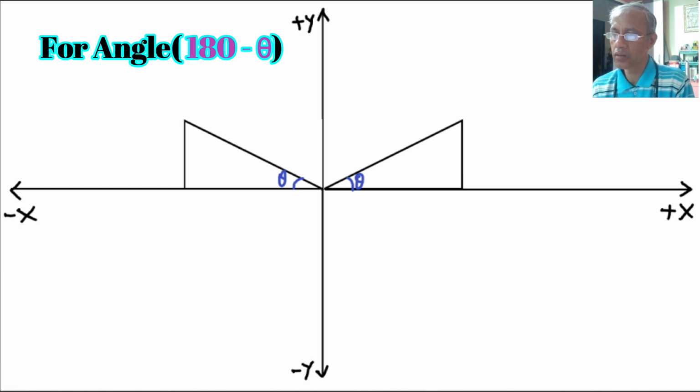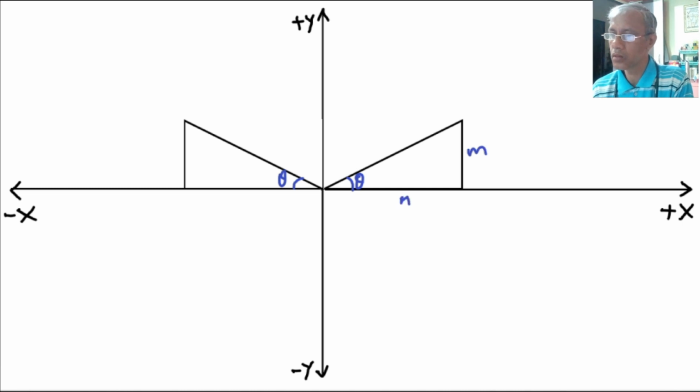Here you can see that I just name the sides M and H, and the angle is here 180 minus theta, and the proportional side of M is, let's say, M1. For N it is N1, and for H it is H1. Let's derive the formula for the sine function of 180 minus theta.